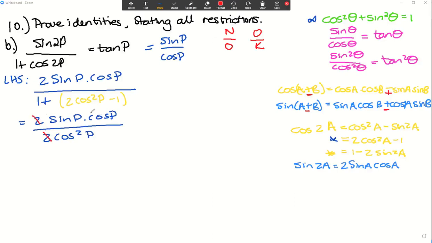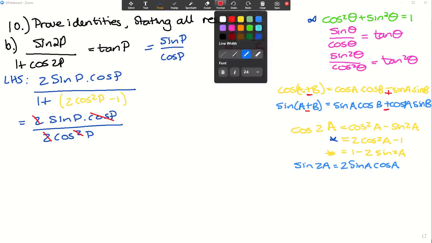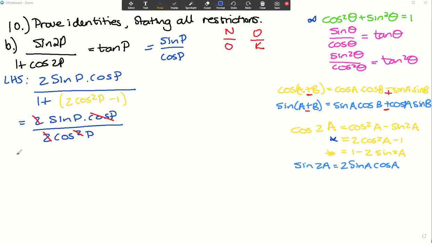And I can simplify this cos p with this cos squared p. There's 2 of them here. I can take the 1 away, which means I am then left with sine p over cos p, which is the same as tan p. Our left-hand side is equal to our right-hand side. That was a nice identity.